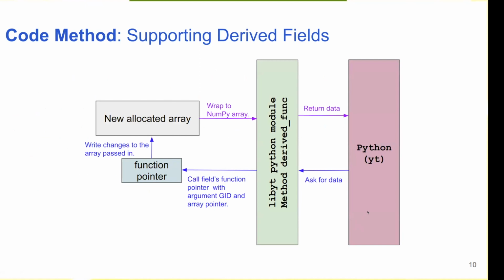When Python needs these data, it asks the YT Python module for data, and then this module allocates a new array and calls the function pointer passed in by users. This function generates the data Python wants and passes it back to libyt, and libyt wraps it into a NumPy array and returns the data to Python.